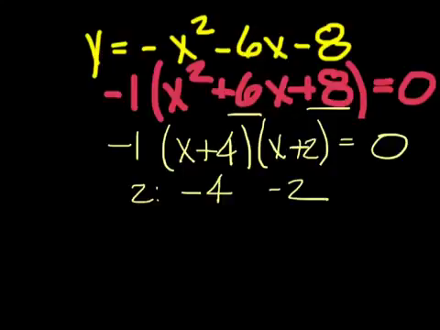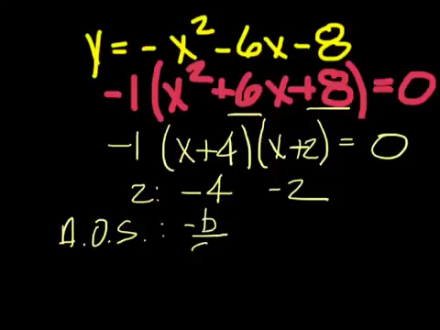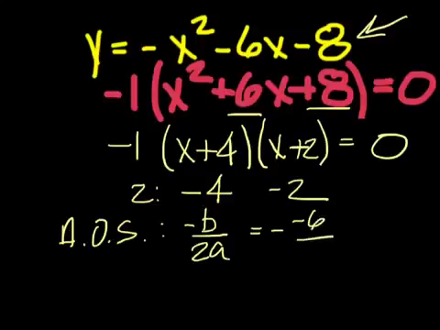Oh, okay, yeah. So now the axis of symmetry is going to be -b over 2a. So you have to use the original equation for that. That's -6 over 2 times -1. You have 3 negative signs in there, so it's going to make the answer -3.